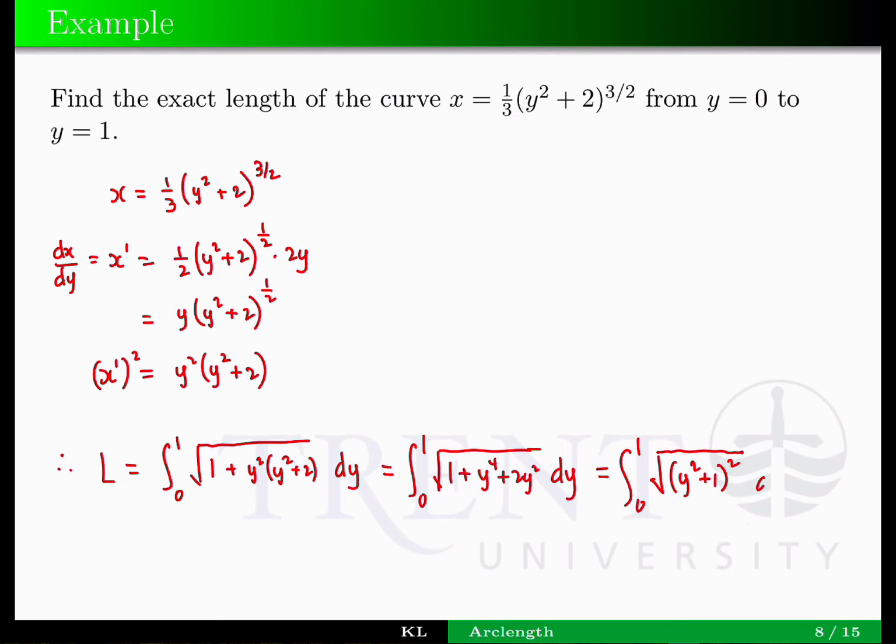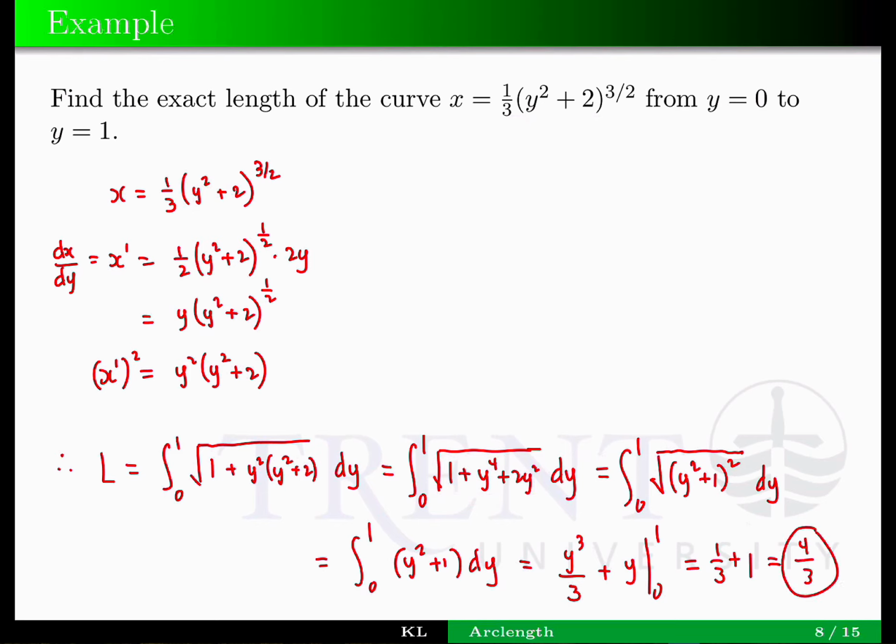Then you take the square root of this. So this simplifies into the integral from 0 to 1 of y squared plus 1 dy, which is now y cubed over 3 plus y, evaluated from 0 to 1. So this will be 1/3 plus 1, which is equal to 4/3.